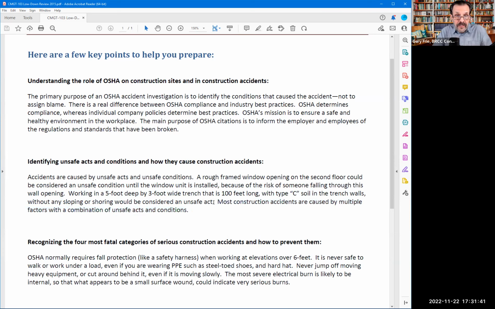A lot of times in accident investigations, in several places I've seen numbers saying that on average, in a formal accident investigation, particularly for a fatality, there can be 10 to 27 contributing factors to an accident.